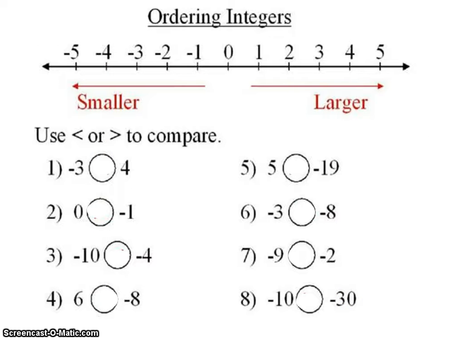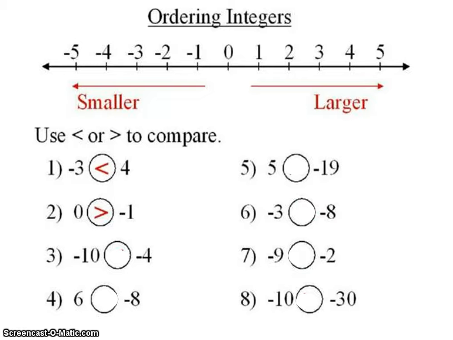Okay, now, whenever we think about ordered pairs, it might help us to think about where they are on a number line and understand that if it's to the right, it's larger. So 4 is to the right of -3 on a number line, so 4 is larger. 0 is to the right of -1, so 0 is larger. So think, which one is to the right of the other one?